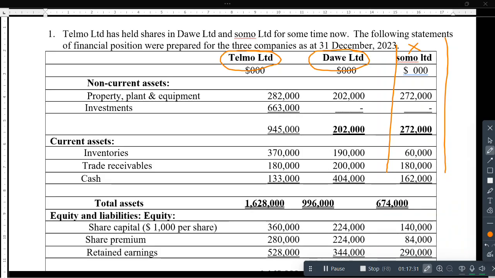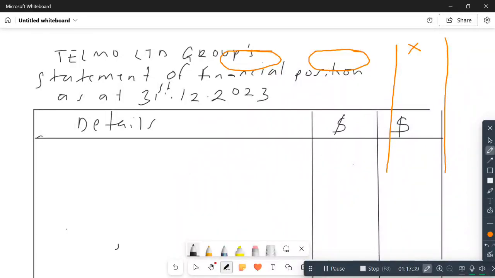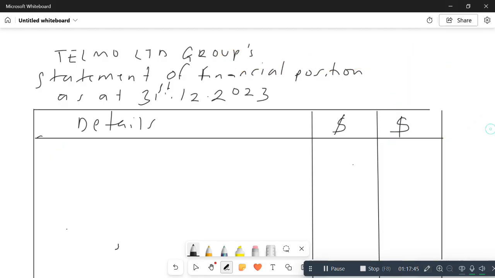Non-current asset, let's try to follow this format you are seeing here as we are consolidating. And under non-current asset, we have PPE.